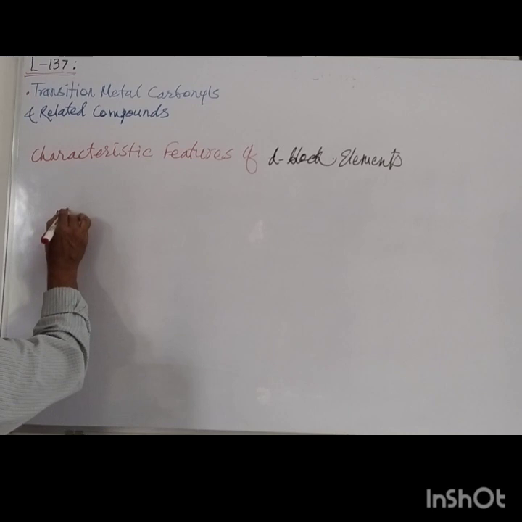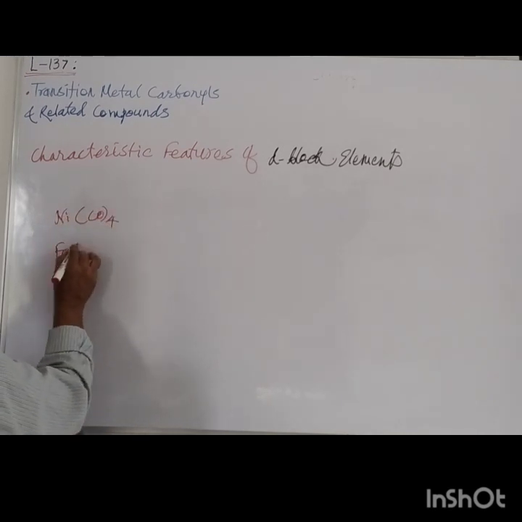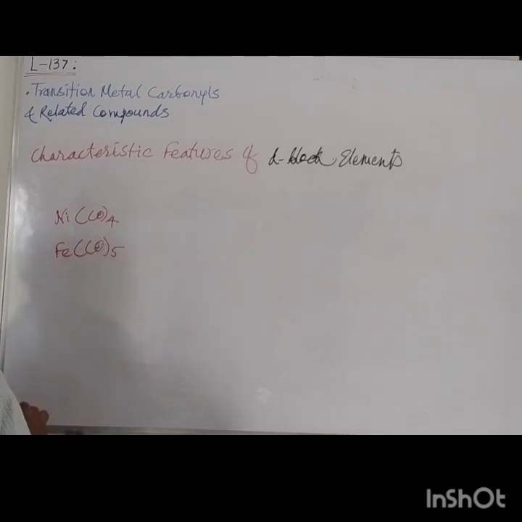For example, NiCO4, then FeCO5. So these are examples, or we can also have CrCO6.